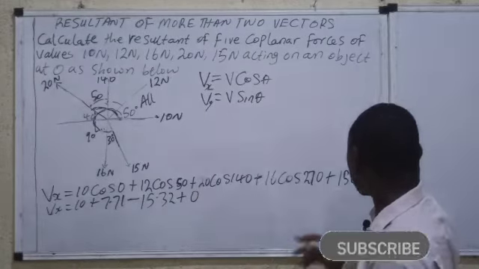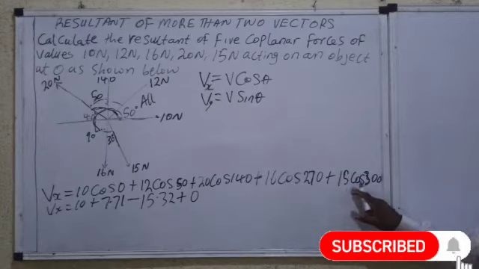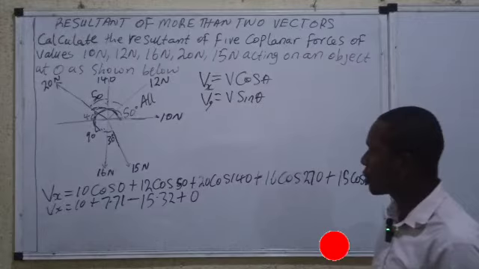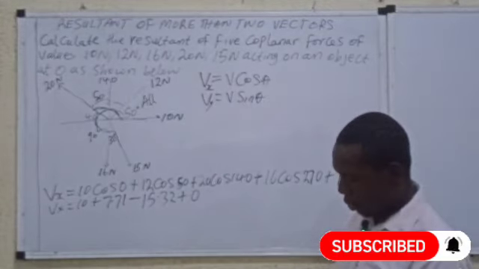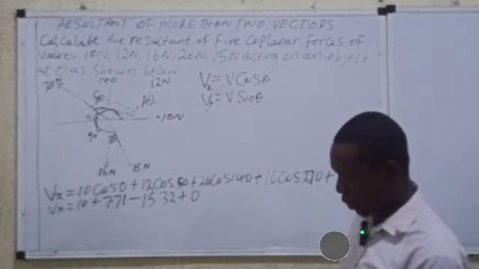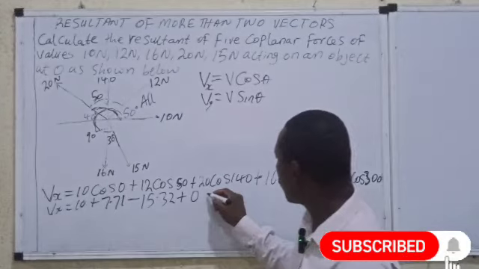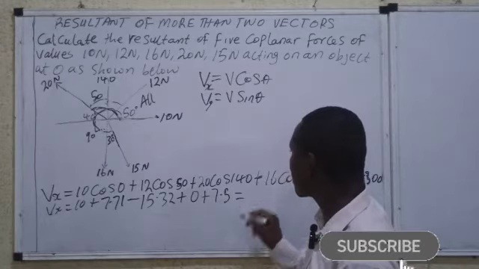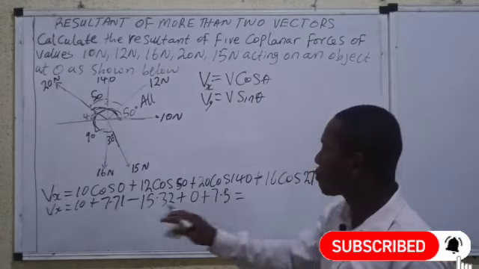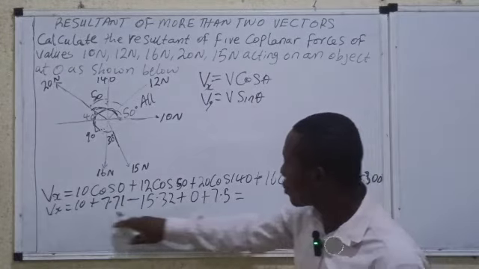Right? Now the last one, what we have here is 15 cos 300. So let's do that. What do you have? Plus 7.5. So now let's just add. If you add this thing together, what will you get?